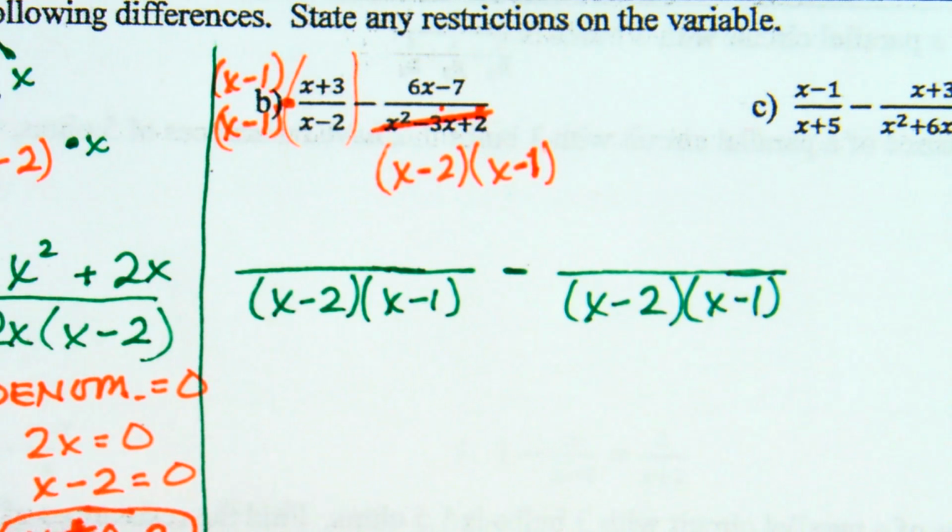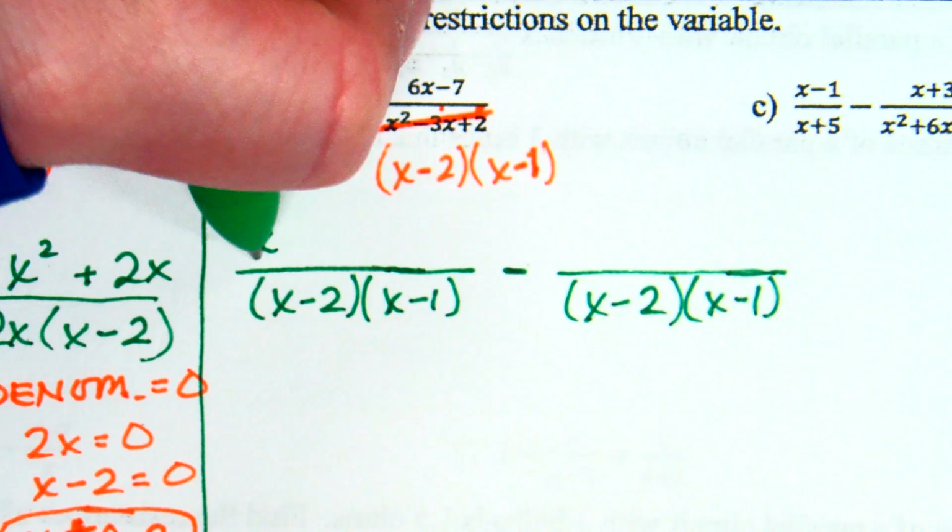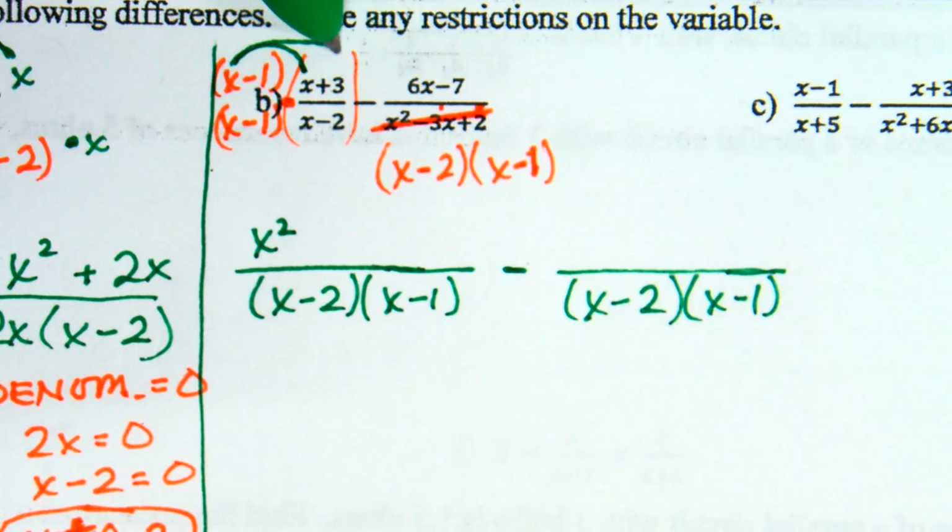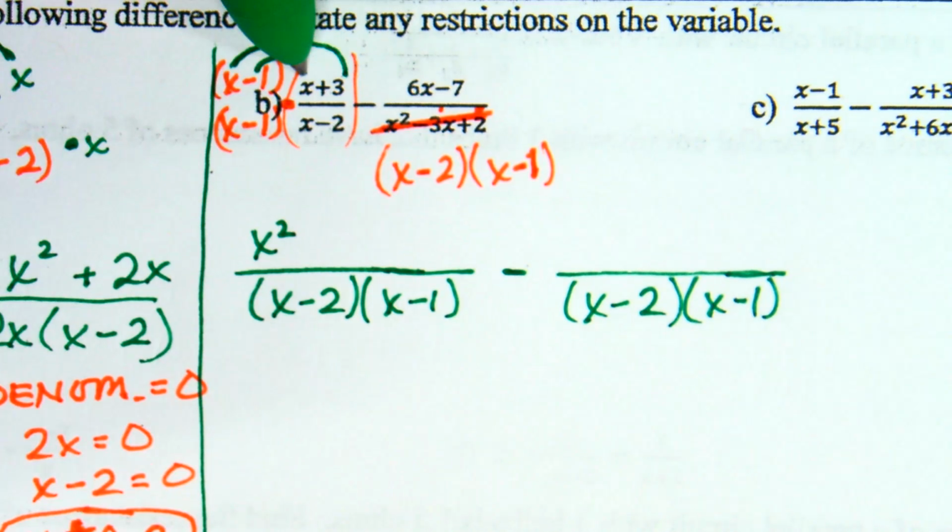So if I FOIL x times x, x squared, outsides, x times 3 is 3x, insides, minus 1 times x is minus 1x. So what's 3x and minus 1x? 2x.